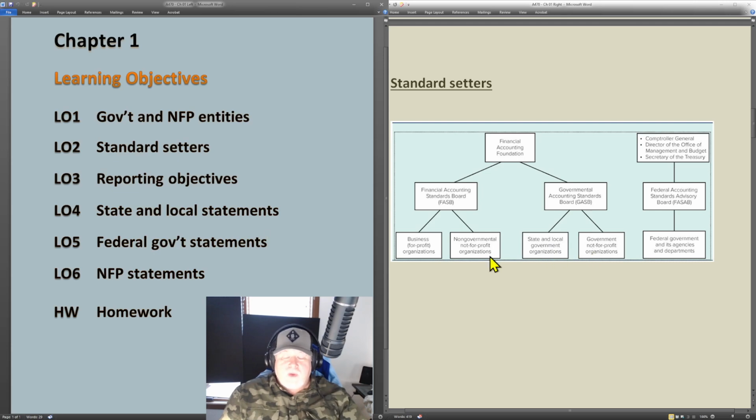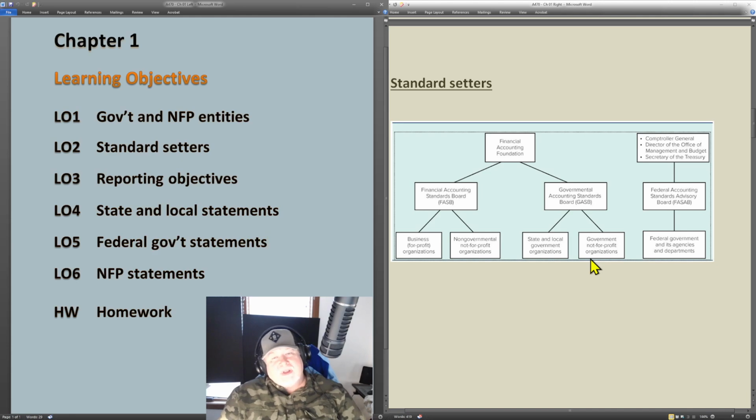It's these other two boxes that we need to pay attention to. These two boxes are both not-for-profit organizations. The difference here is that FASB oversees those type of not-for-profits that are non-governmental in nature, whereas GASB is in charge of those type of not-for-profit organizations that are governmental in nature.